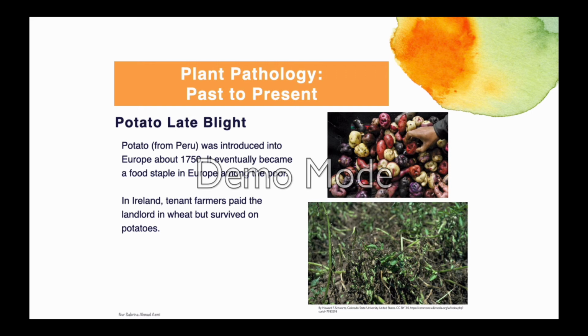During that time, the rich people would eat wheat, whereas the poor people would eat potato. In Ireland, the landlord would rent their agricultural plots to the farmers. Because they had to pay the rental fees, in order to survive, they would consume more potato.